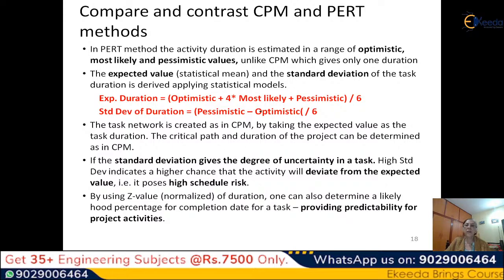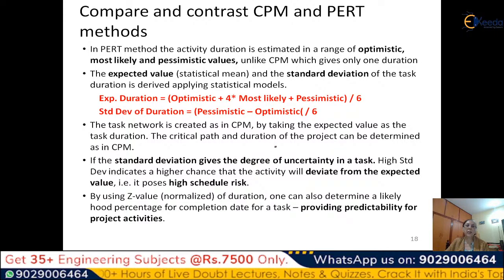But again, we have said that you can also have 3 estimates: optimistic, most likely, and pessimistic values. So in PERT method, we don't consider one single one, but we always consider three durations. And when you have 3 durations, you can say I can create a probability distribution over it. So that is the advantage.